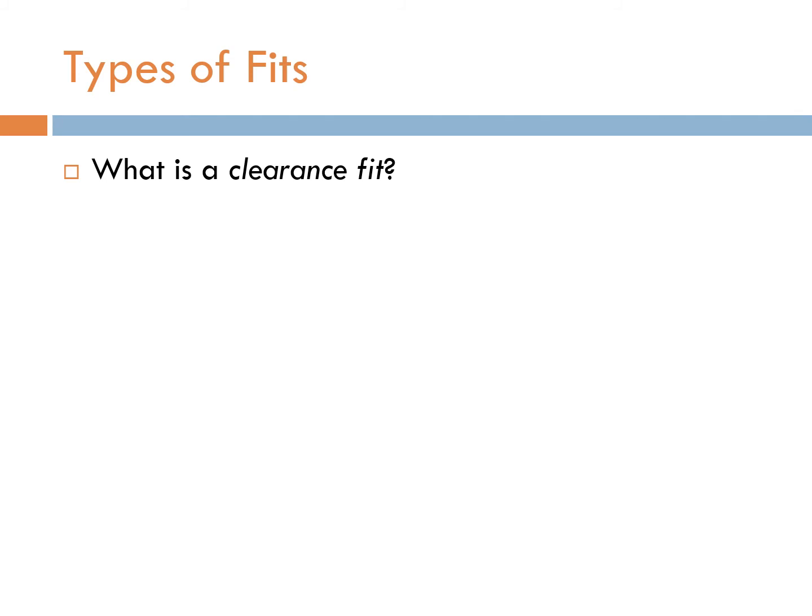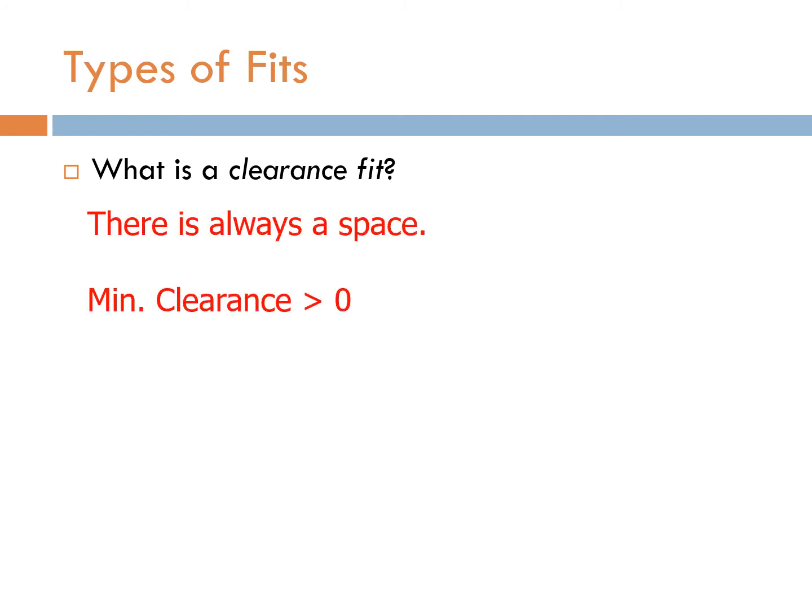Now let's explain some of the conditions. Let's start with the clearance fit. If you have a clearance fit, that means there's always a space, so there's no interference. That means your minimum clearance, which is the allowance, should be greater than 0.